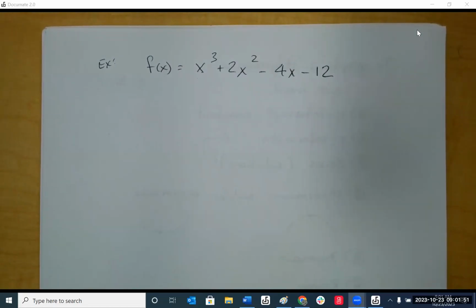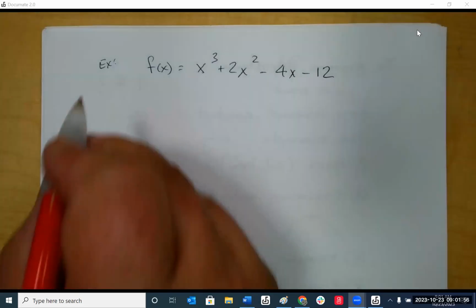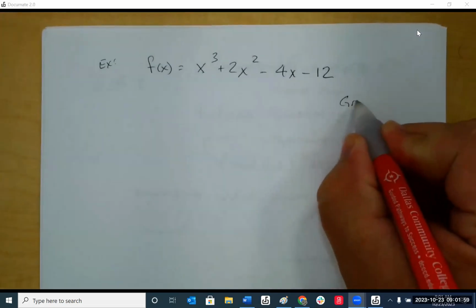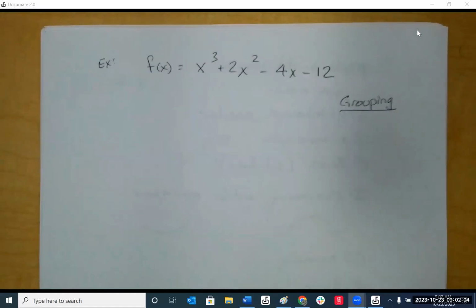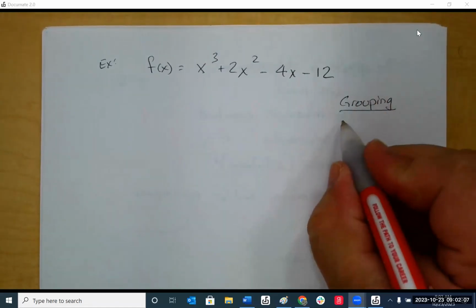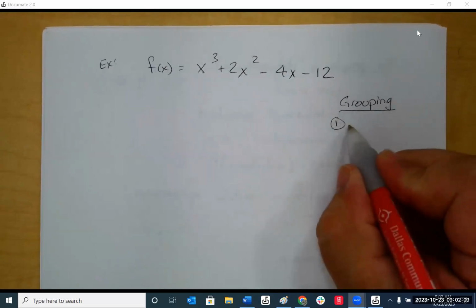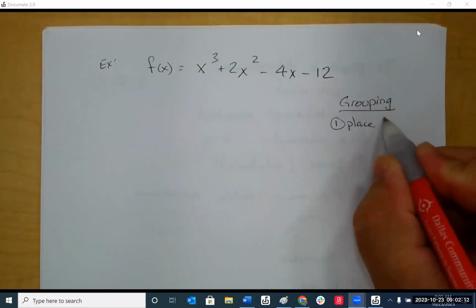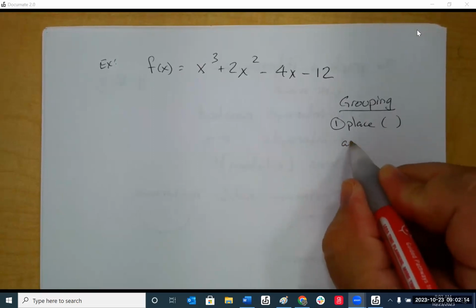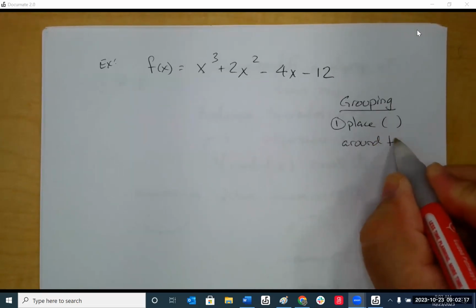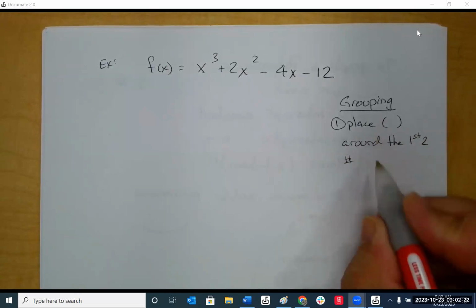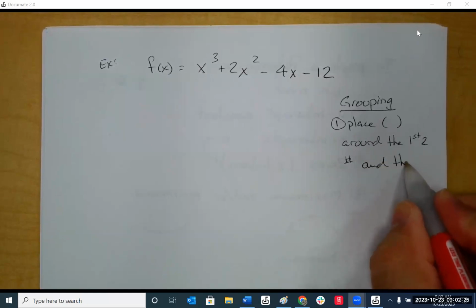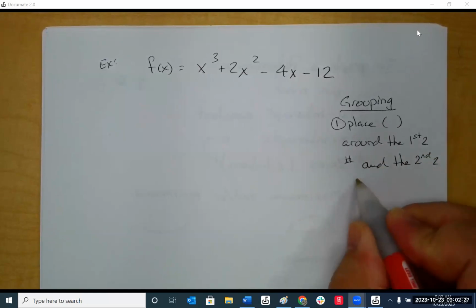If you have 4 terms, before we try anything fancy, let's try something called grouping. In grouping, place parentheses around the first 2 numbers and the second 2 numbers.